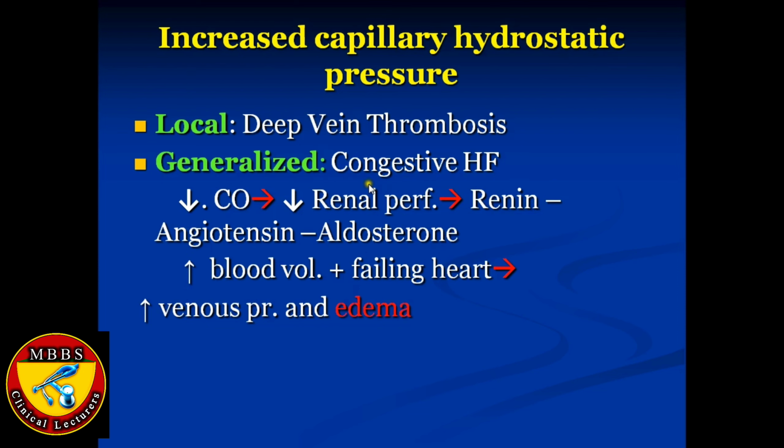With this decreased excretion of fluid in the form of urine, more fluid is retained and the blood volume increases. This increased blood volume plus the failing heart would again increase the hydrostatic pressure, resulting in increased edema fluid.